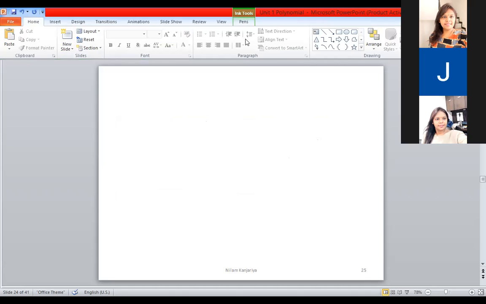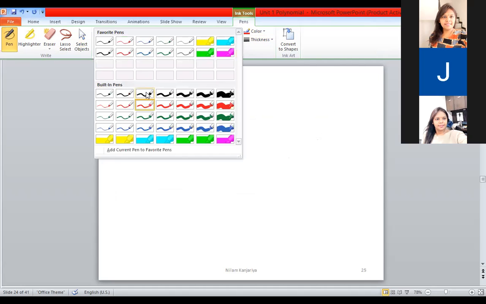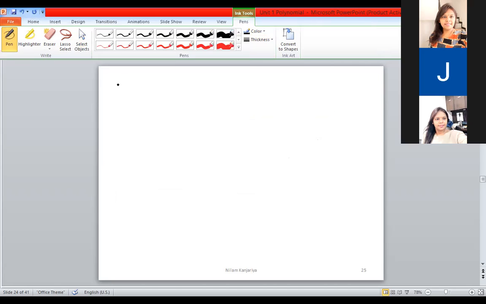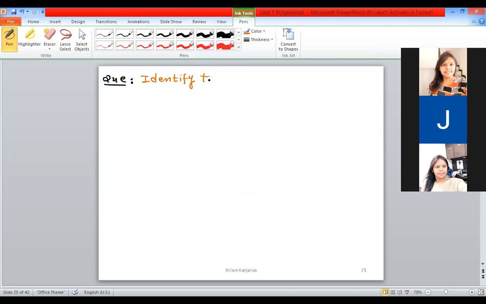This is your first question. Understand the three types of polynomial: binomial, monomial, and trinomial. You can tell me which type of polynomial the given expression is. Identify the polynomial. Yes, Soham, any question?